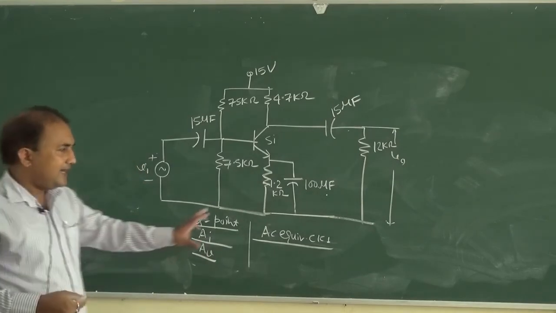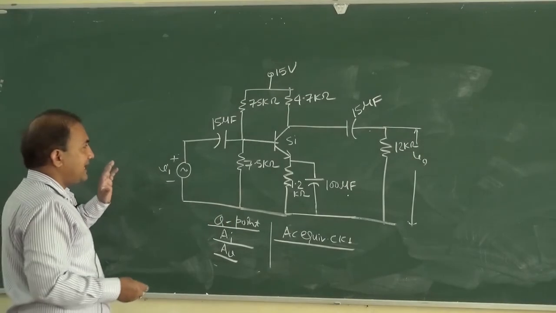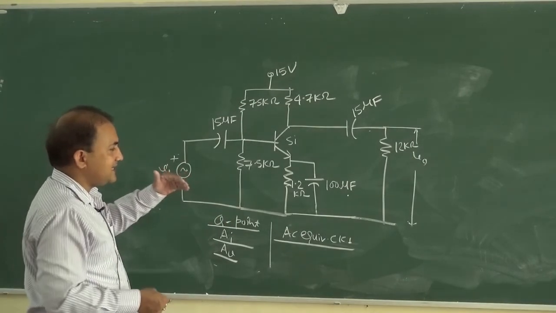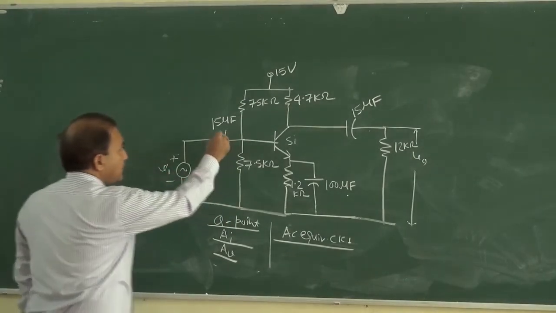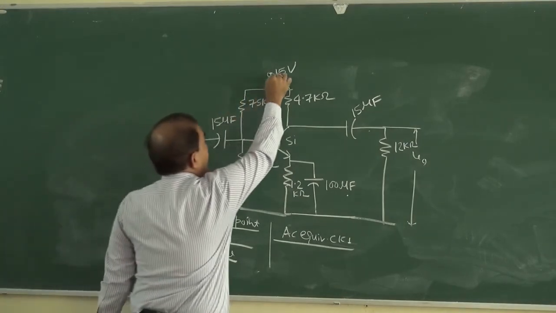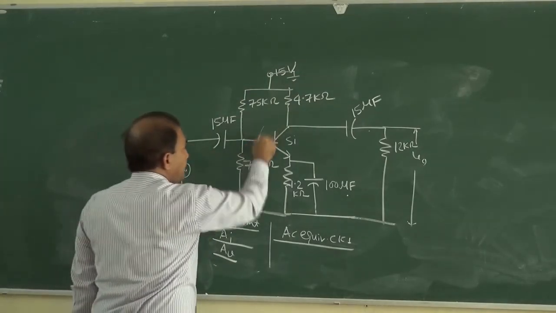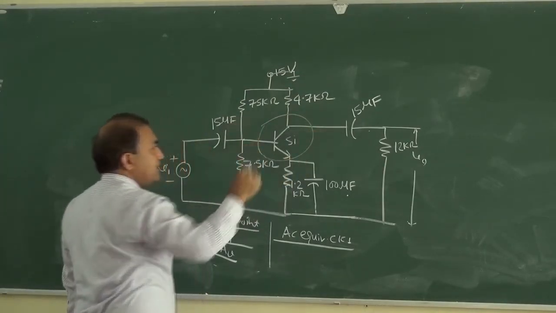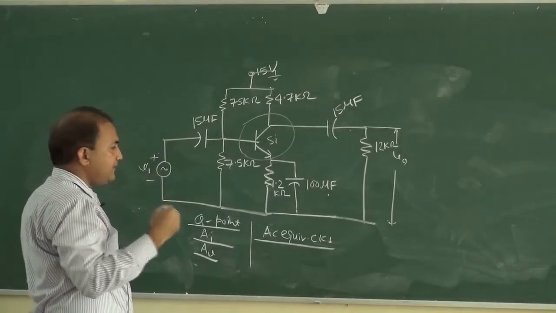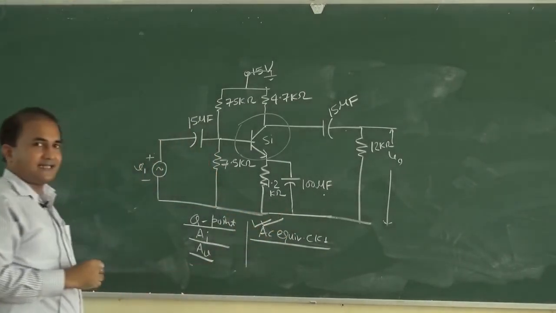For the AC equivalent we have to short this capacitor, ground this VCC, and replace this BJT with its H parameter model. In this way we can represent its AC equivalent circuit.